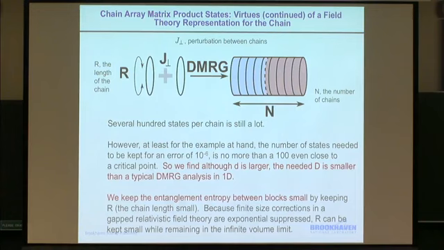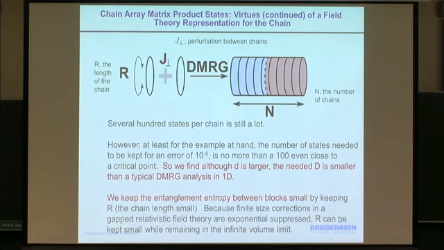Now, I made reference to the fact that working with continuum field theories is a good thing because we can keep the length of these chains small and thus keep the entanglement entropy small, which allows the numerical algorithm to work effectively.